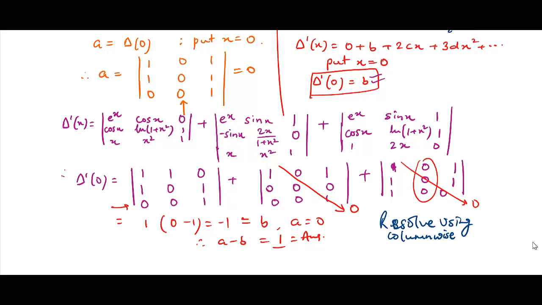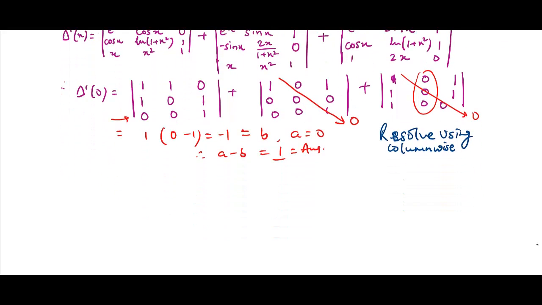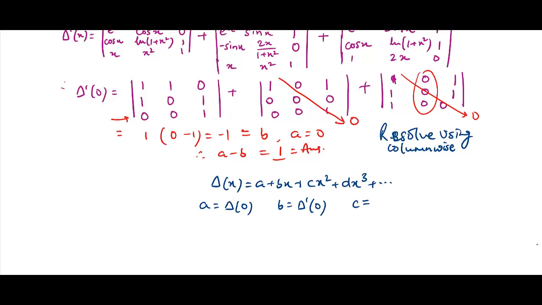And a small food for thought: we know that delta x we assumed as a plus bx plus cx square plus, let's say, dx cube and so on, and we found that the value of a is delta 0 and the value of b is delta dash 0. My question is, what is the value of c?